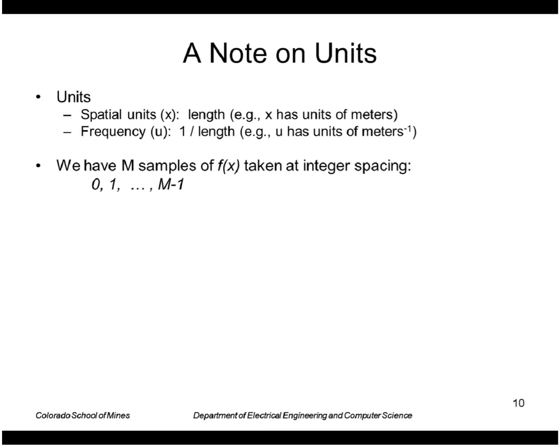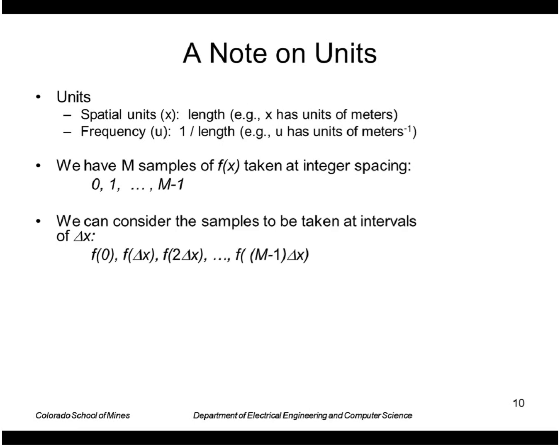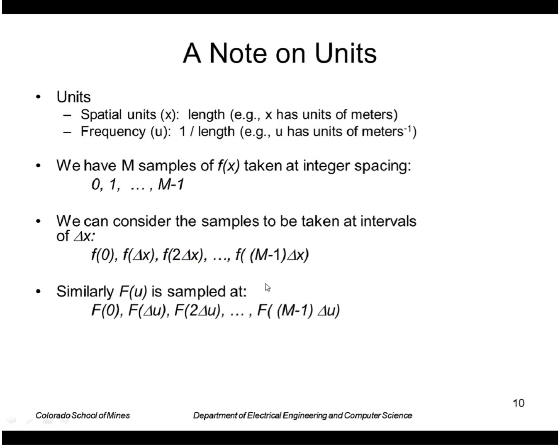So if we have a function that we sample at these integer spacings, that actually represents a function sampled at these points, namely f of 0, f of delta x, f of 2 delta x, etc. Similarly, we have the transform, and that represents frequencies at 0 frequency, frequency of delta u, 2 delta u, and so forth.